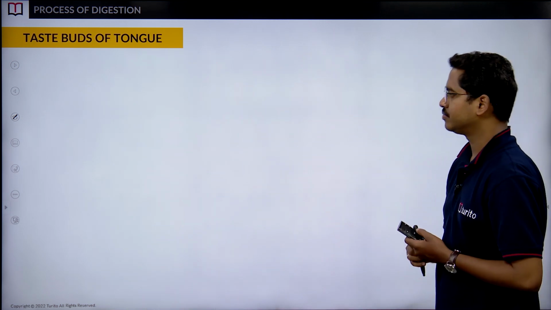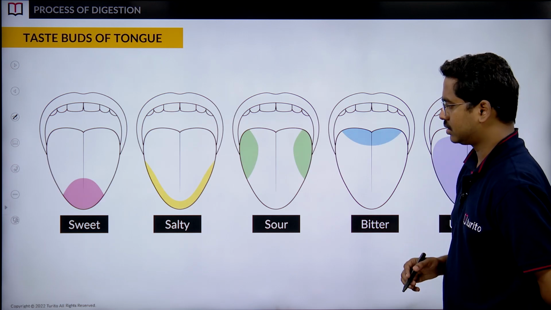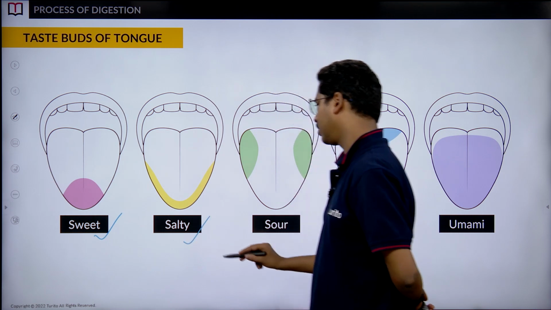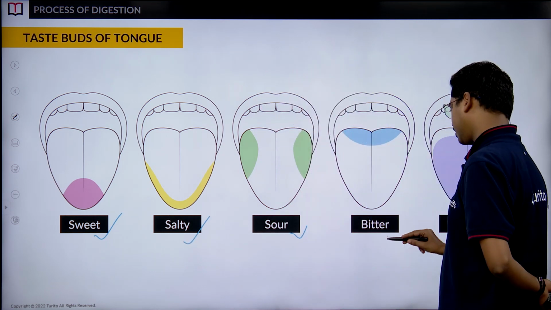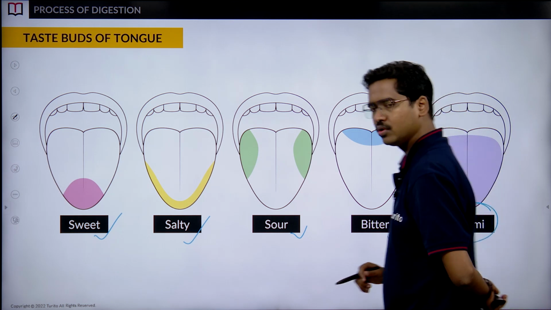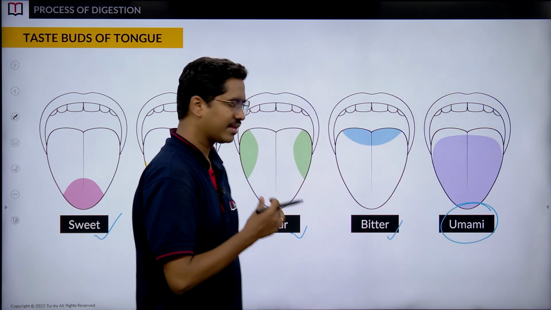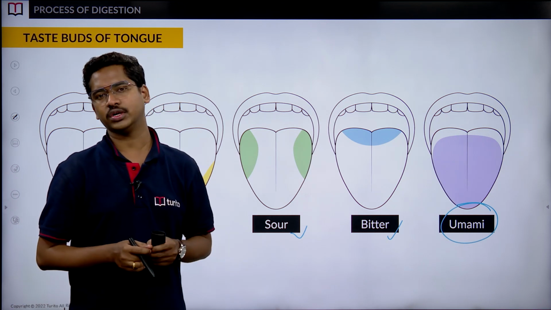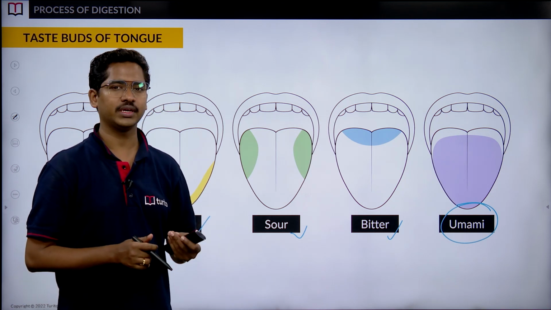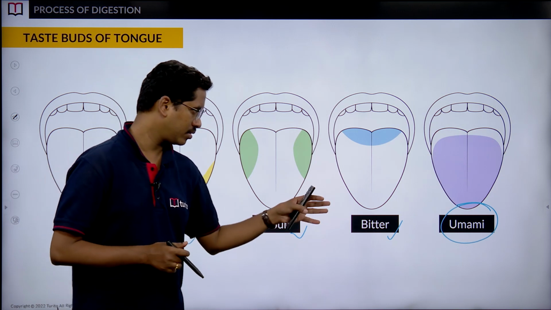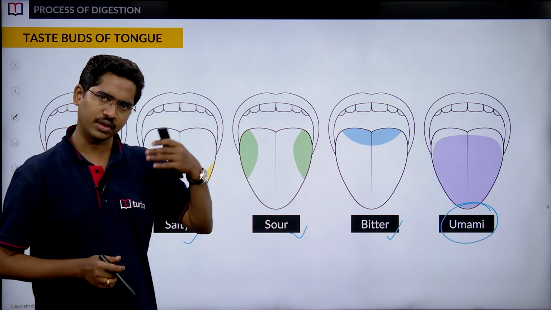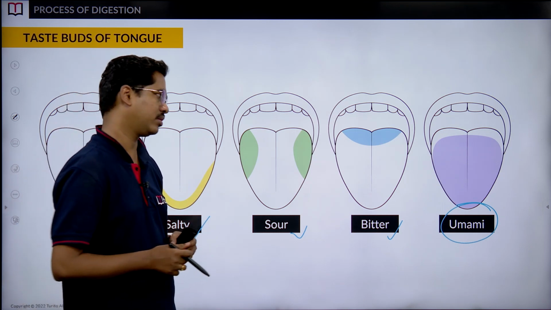We saw that the tongue helps us to taste different types of tastes: sweet, salty, sour, bitter and umami. The essence of the taste itself can be sensed much before consuming the food. That essence of taste, also called umami, is considered another taste.